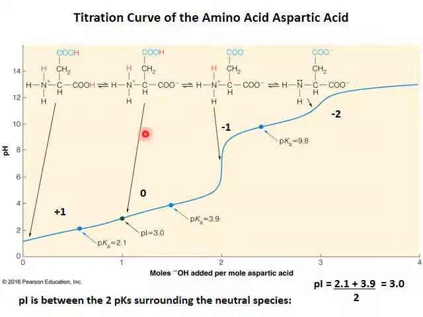Now, I'll show more examples of this when we talk about more complex molecules that have more than 3 titratable groups, like peptides that have 4 or 5 or 6, or proteins that can have 20 or 30 different groups. I'll show some examples in this topic of the ramifications of pH and how it affects protein and macromolecular interactions.